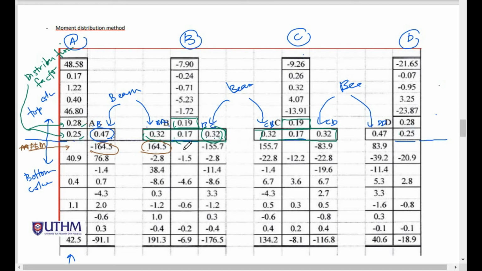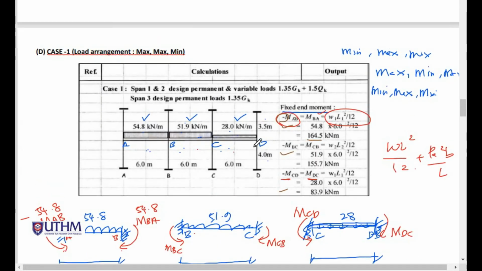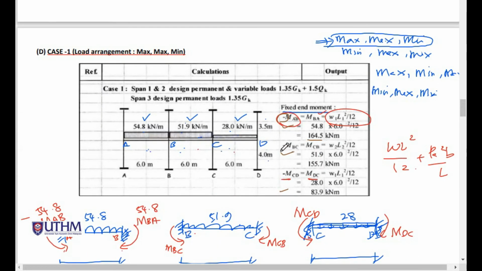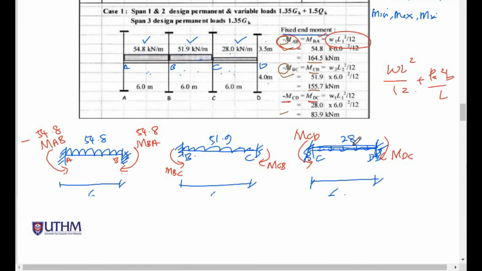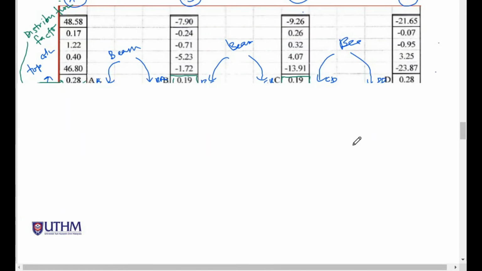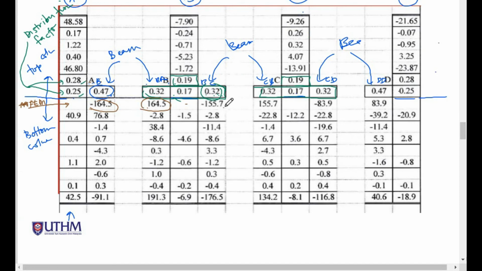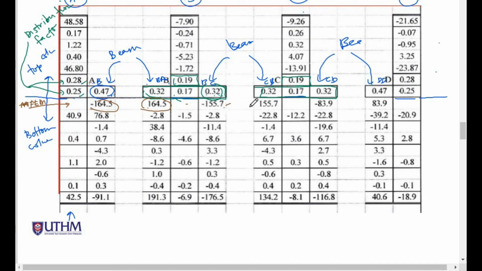Leave this one empty and proceed with this BC. Moment at BC is 155.7. Please take note of the negative sign here, 155.7, and MCB is positive. So here is negative 155.7, here is positive, and this is the same definition.